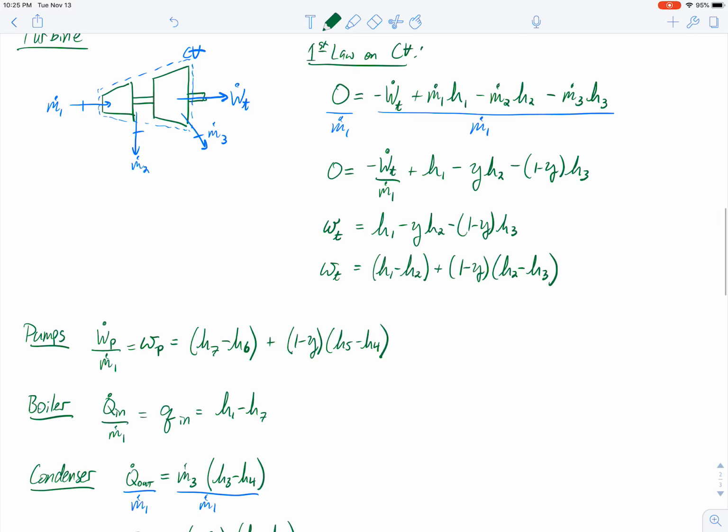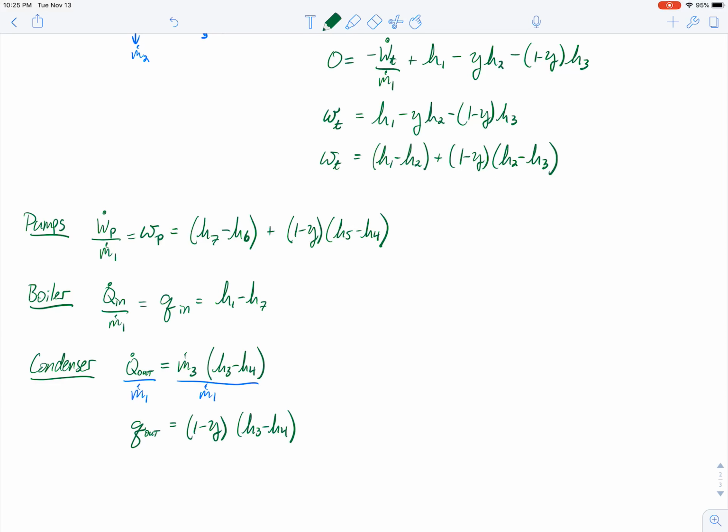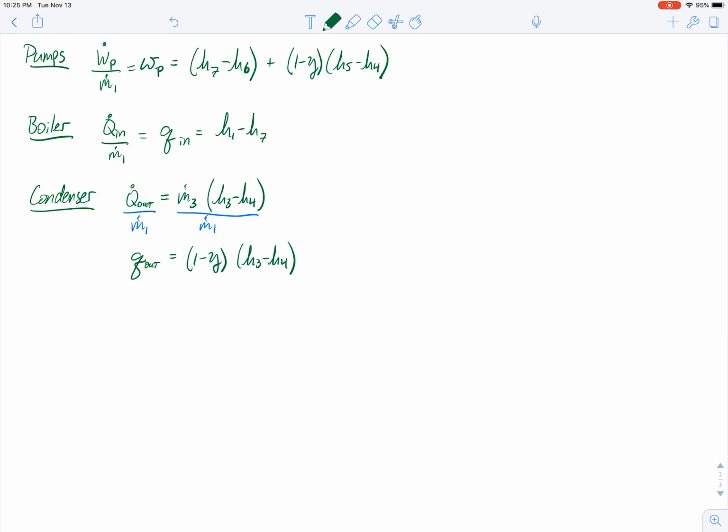Remember, I have to subtract what I have to use to drive the pumps. And I have the heat transfer that's coming in through my boiler. So I could easily calculate my cycle efficiency. Thermal efficiency of my cycle.